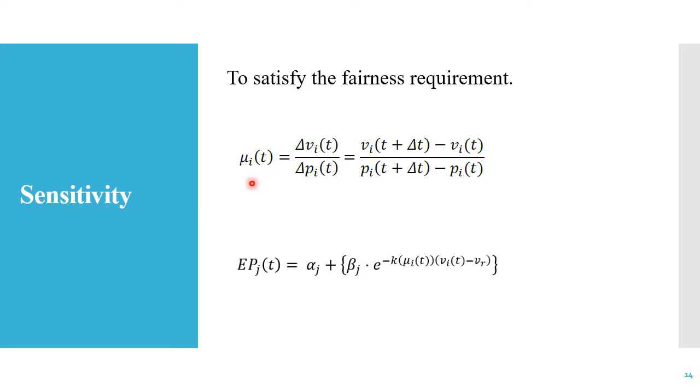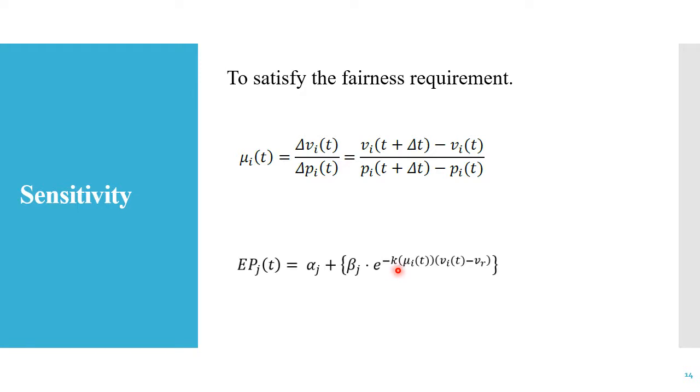And to make use of the sensitivity, we use this formula that gives us the EP value. This EP value represents the maximum power that I can supply the house with without overloading the network. It consists of several parameters here. Alpha represents the minimum power that I guarantee the house to have without disturbing the system.